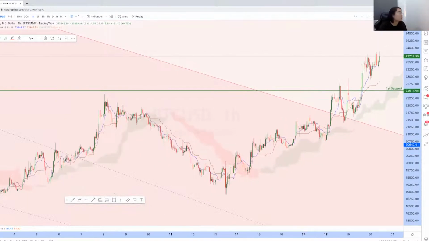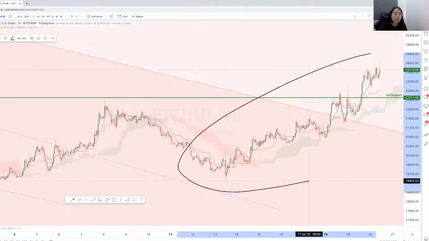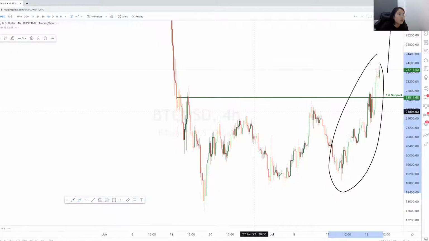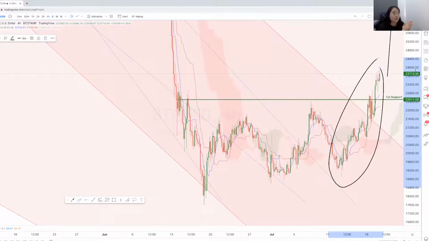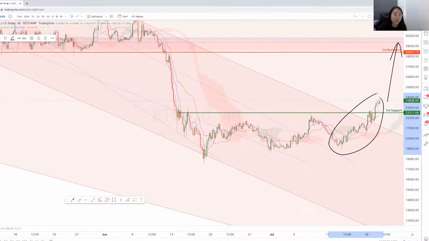On the 1 hour, I'm only looking at this small little area here, for example. On the 4 hours, I'm only looking at this small little area. That's the area I'm focusing on in the smaller time frame, but the channel is here. It's this big area here. So it's so far away from my focus point or my view that it is not relevant to me at this current point of time.